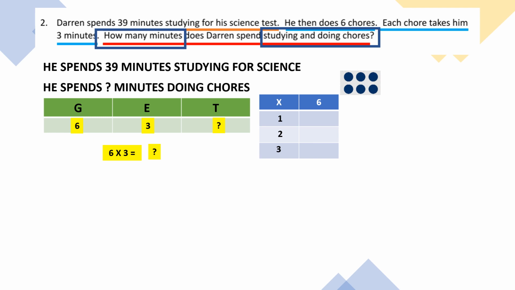I only need to go to 3, okay? Because it's 6 times 3. Now, 1 times 6 is 6. 2 times 6 is 12. 3 times 6 is 18.